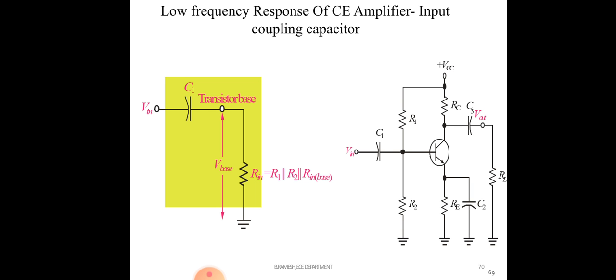Next, when you apply a higher frequency, the reactance decreases, the IB current increases, so the IC current increases, and the voltage gain increases slowly. At mid frequency the reactance of this RC network becomes zero, so it allows the maximum signal and maximum IB current, and you get maximum IC current, so the maximum voltage gain.